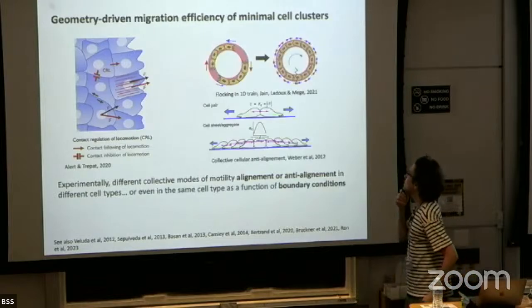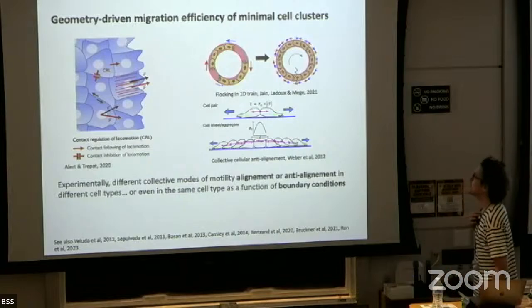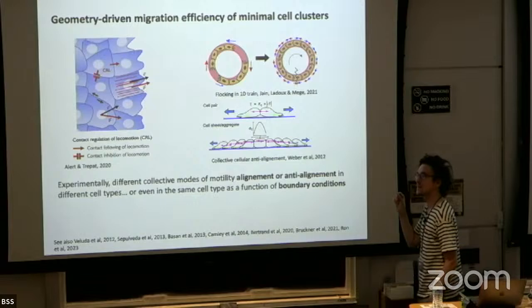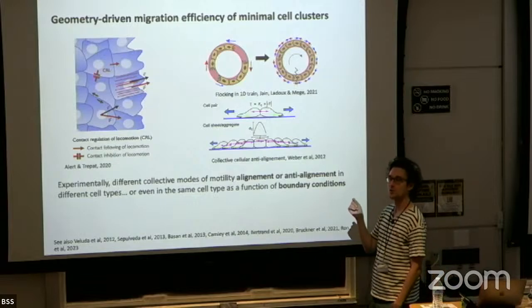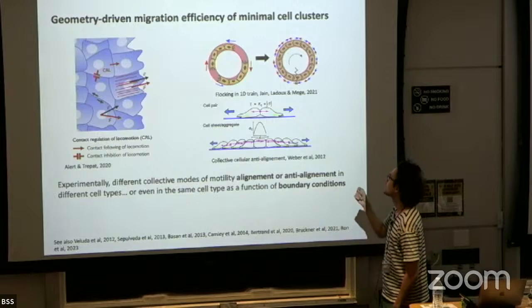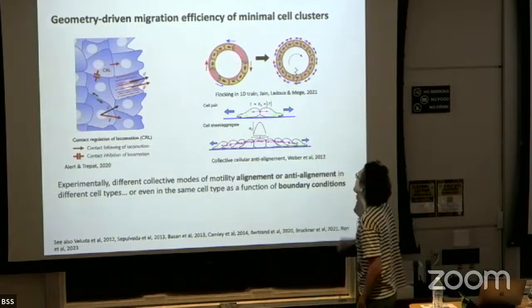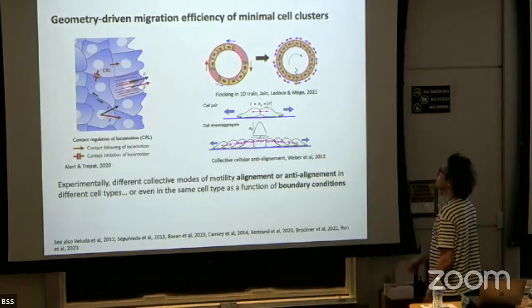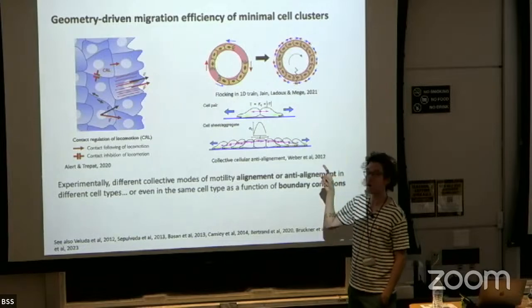One thing which I find quite cool, and which I think is really suggestive and really guided us in this work, is that very surprisingly, it seems like the same cell type in several cases can have either flocking or anti-flocking alignment interactions as a function of boundary condition. This is really nice work from Benoît Ladoux and colleagues, where they plate MDCK cells on rings, essentially on periodic boundary conditions.